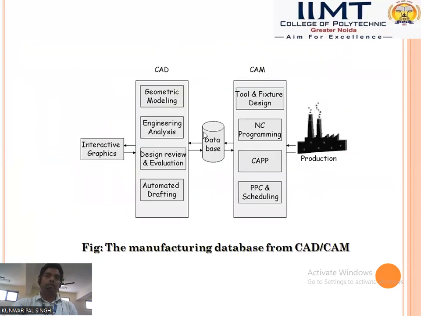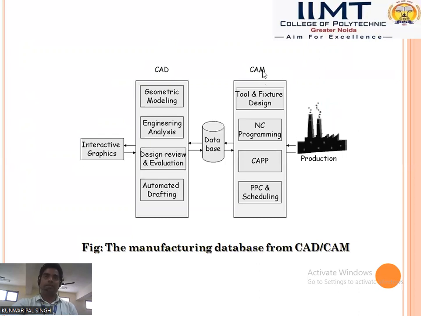This graph shows the database which is transferred from CAD to CAM. Here we see the interactive graphics. In CAD we do geometrical modeling, engineering analysis, design review and evaluation, and automated drafting. This database is interconnected with the CAM software.